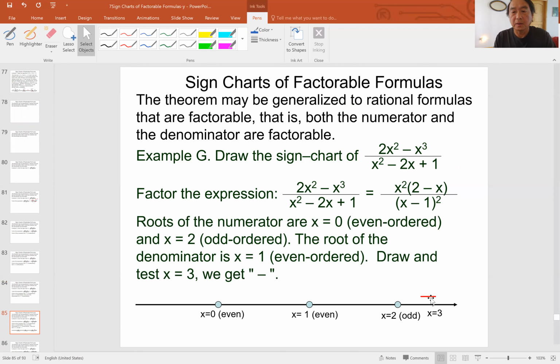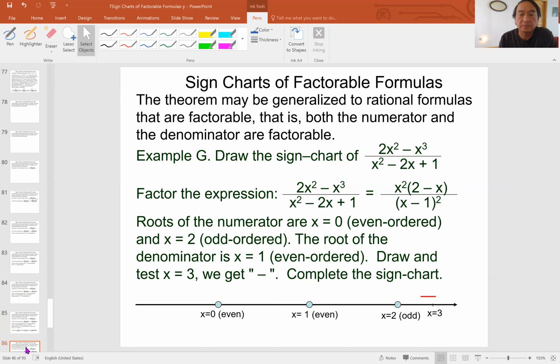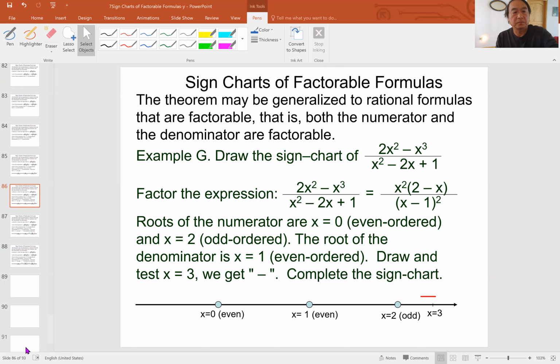And also we test x at 3. Then I get a minus sign. Then use the rules again. When we cross the odd order root, it changes, so it becomes a plus.